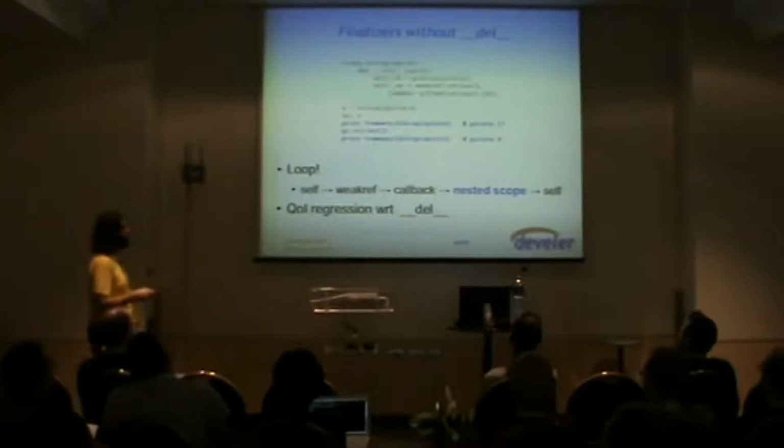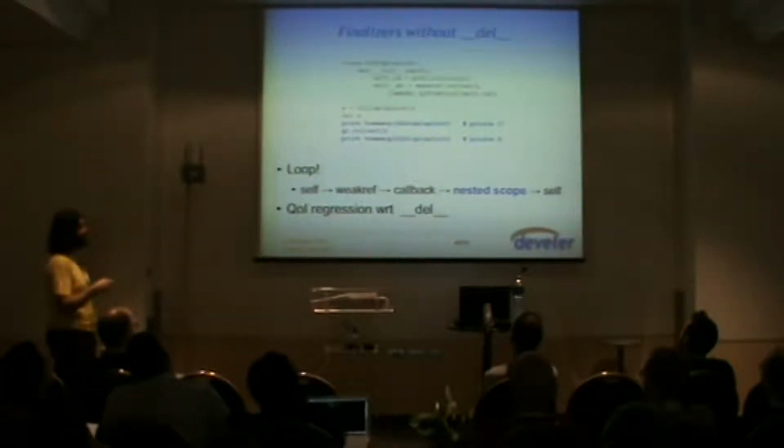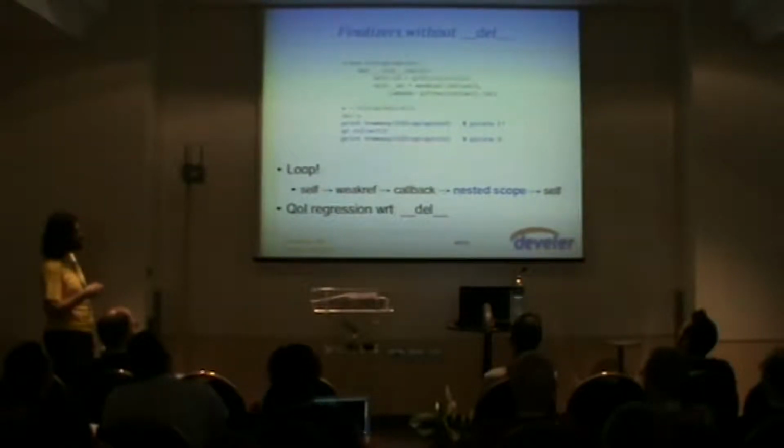The nested scope is the scope that is basically hidden by the interpreter, and it lets you access init local variables from within this lambda function. You see that within this lambda function, I use self. And how can this function have a reference to self?